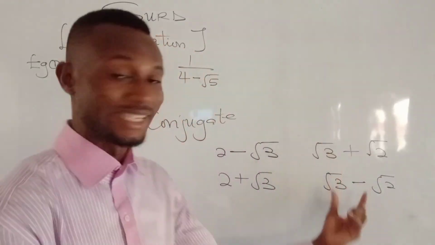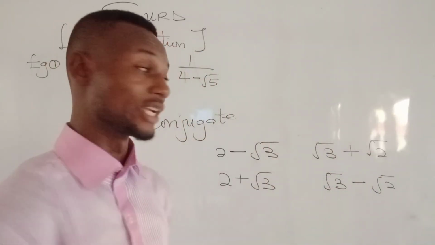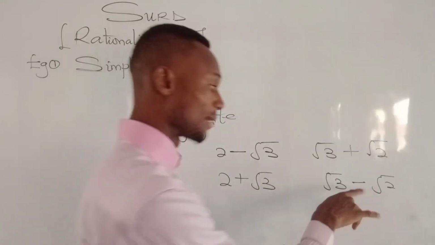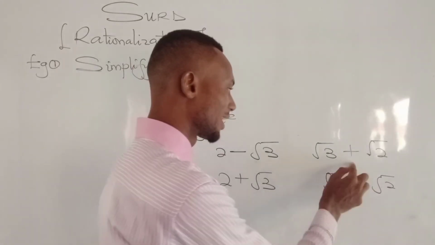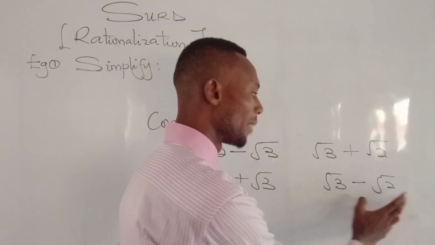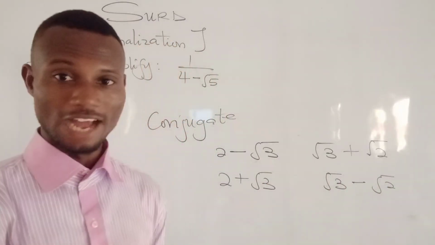So you repeat the same thing, but the sign in between them you change to the opposite. Because it is positive here, when we change it to the opposite, it becomes negative. So the conjugate of root 3 plus root 2 is root 3 minus root 2. I hope the explanation is clear enough up to this point.